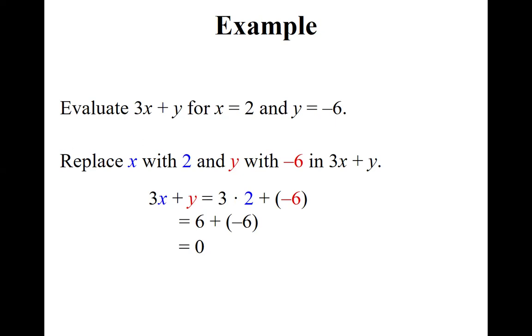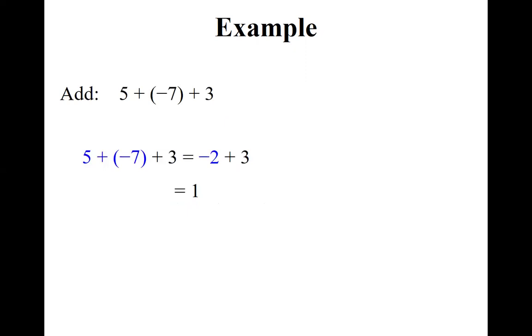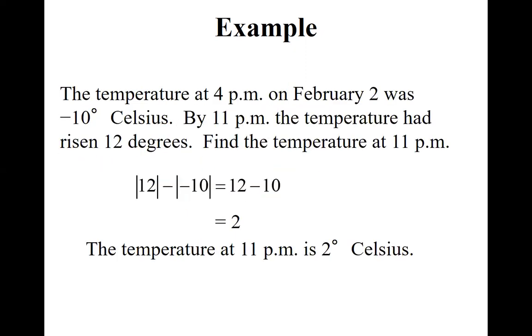Y is negative 6, so plus y becomes plus negative 6. 3 times 2 is positive 6. 6 plus negative 6 is the sum of a number and its opposite. That's 0.